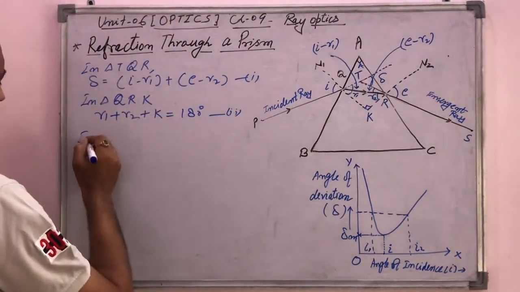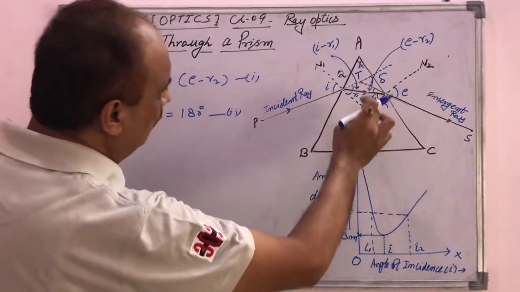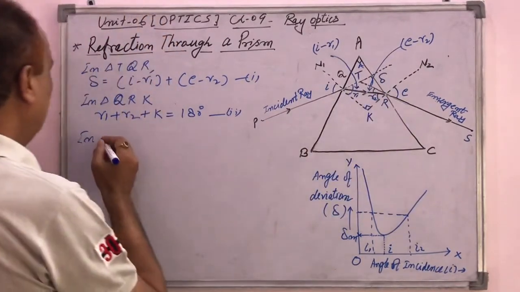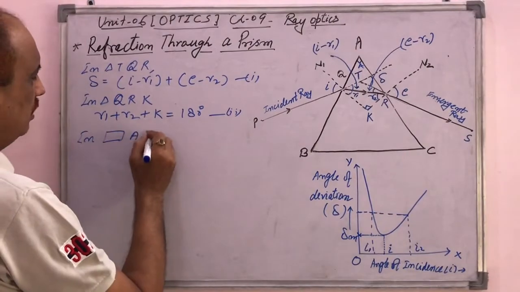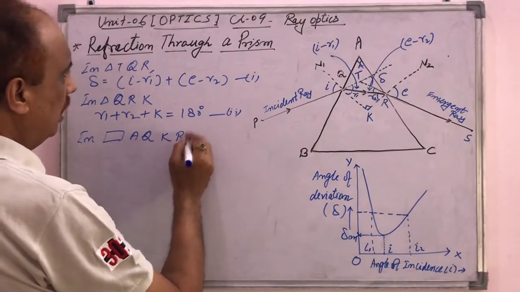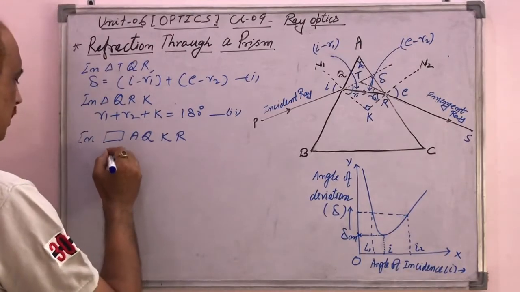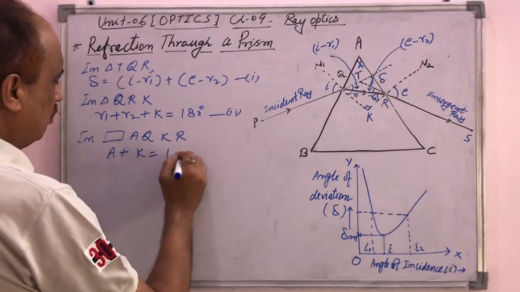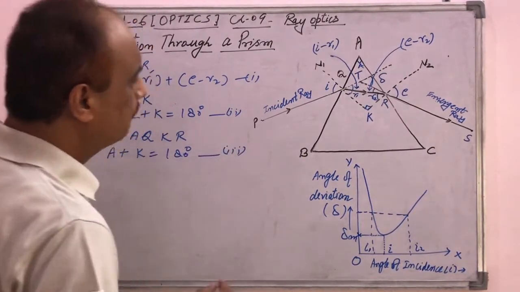Now another equation is also required. Now we have to take the condition in the quadrilateral AQKR. In quadrilateral AQKR, the sum of the opposite two angles, prism angle A plus angle K, is equal to 180 degrees. That is the third equation.